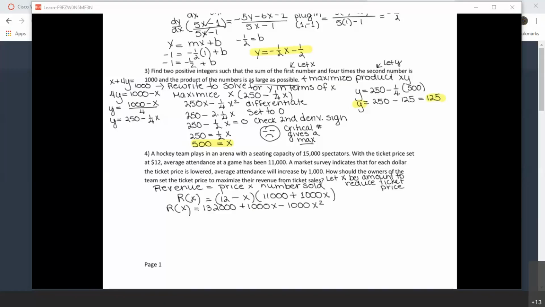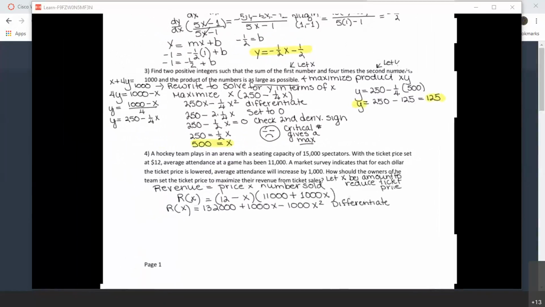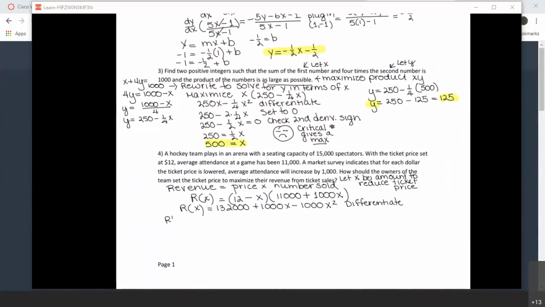It's quadratic. Okay, let's differentiate it, because I need to find its derivative. Differentiate because I want to find the maximum. So R prime of X, that first term is a constant, so I get nothing out of it.